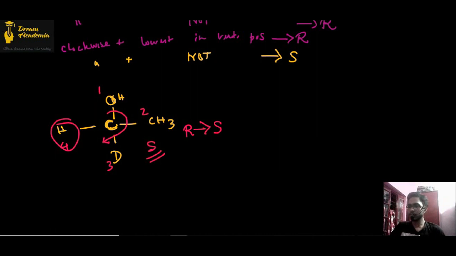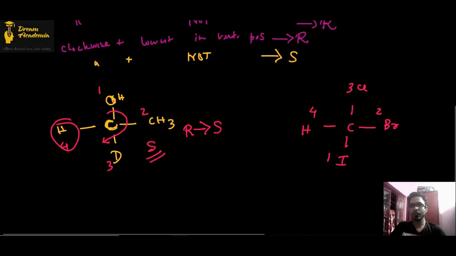If this compound is given, bromine, iodine, chlorine and hydrogen. Now I hope you remember the mass number. You have already studied it in the periodic table chapter. So what will be the mass number? 1, 2, 3 and 4.